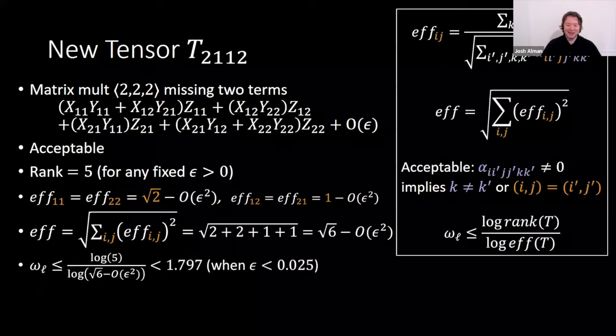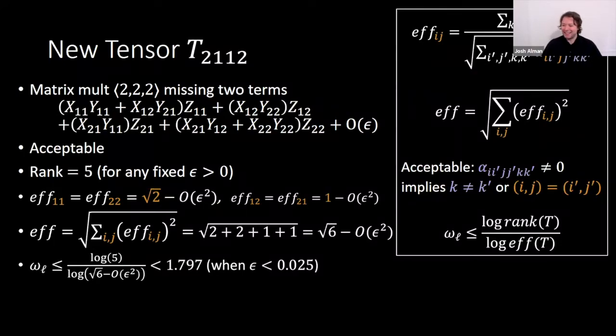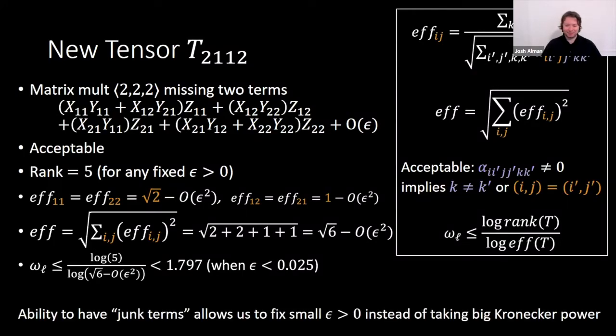So in other words, the ability to include junk terms, which aren't supposed to be in matrix multiplication in this whole efficacy definition, allows you to fix small constant values of epsilon in these tensors instead of requiring you to take big Kronecker powers of your tensor.